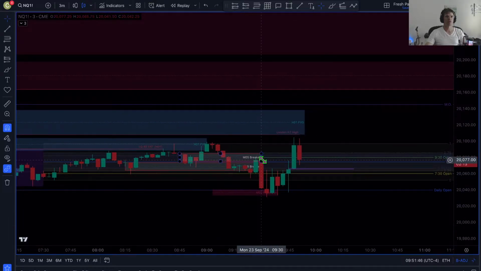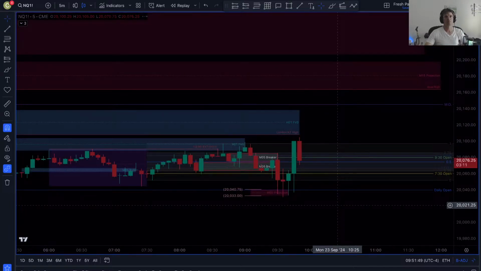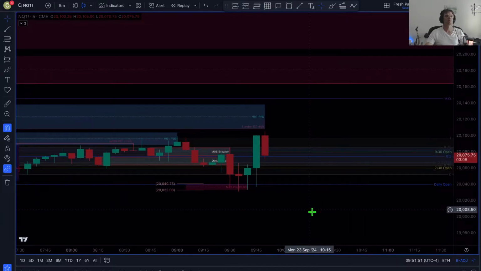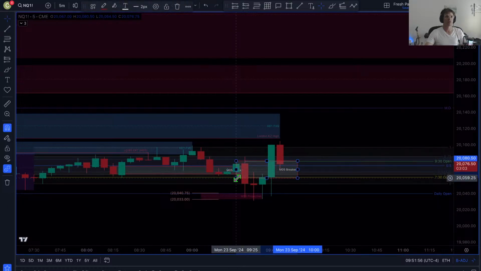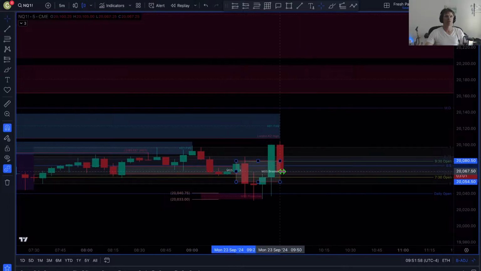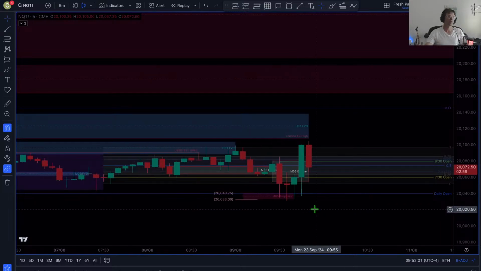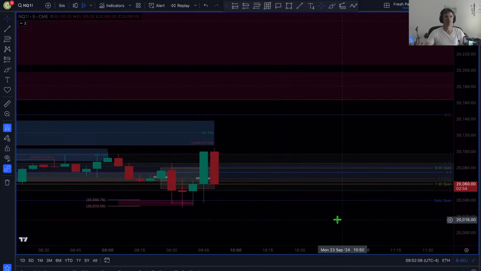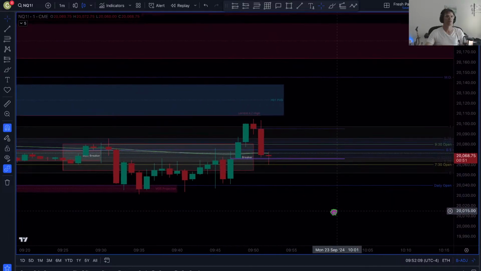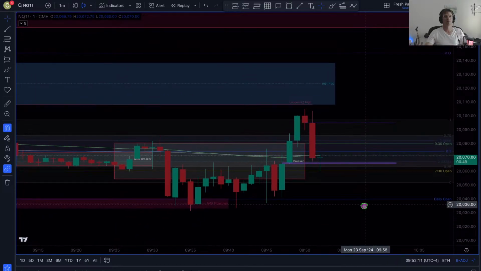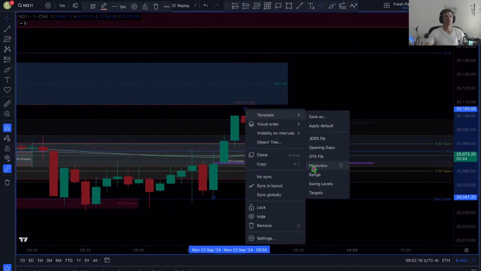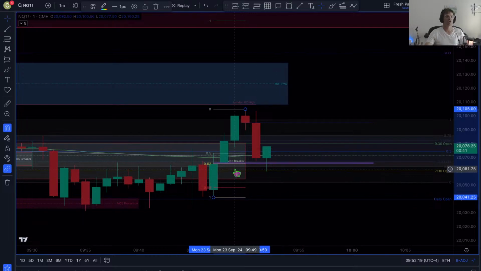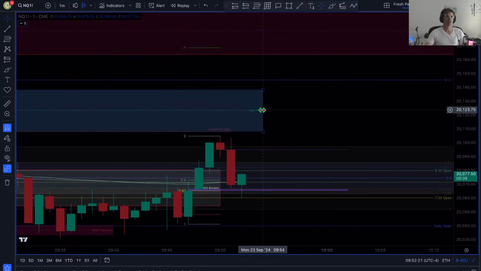You did close above this on a 3 minute. You're back in, and we can just call it this 5 minute breaker, see if that holds. You also closed above this, so you could have had that as a breaker, which has already failed. Right into the JDRS entry if you're taking it pre 10 a.m.